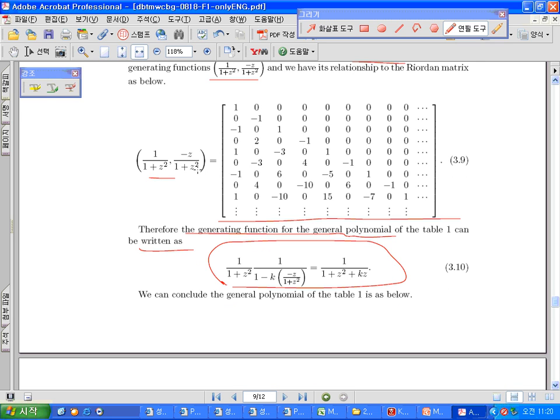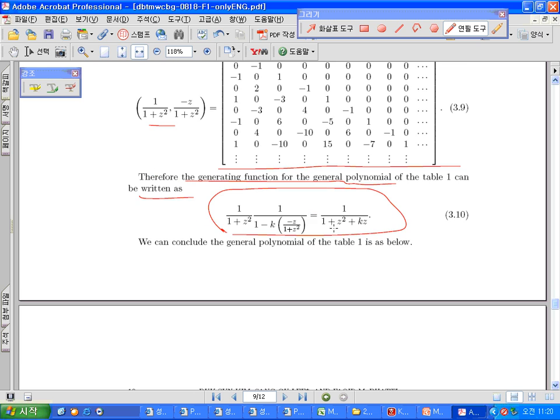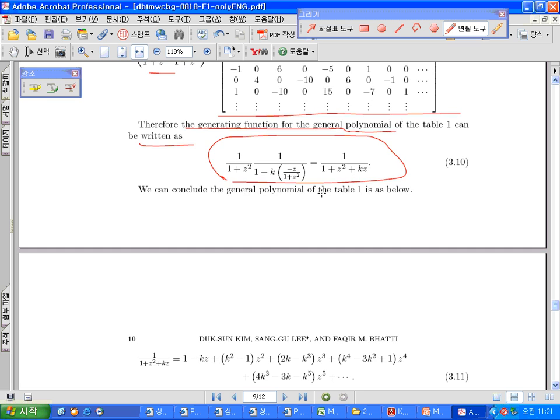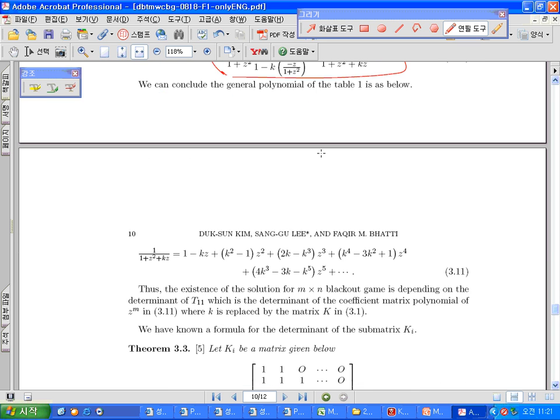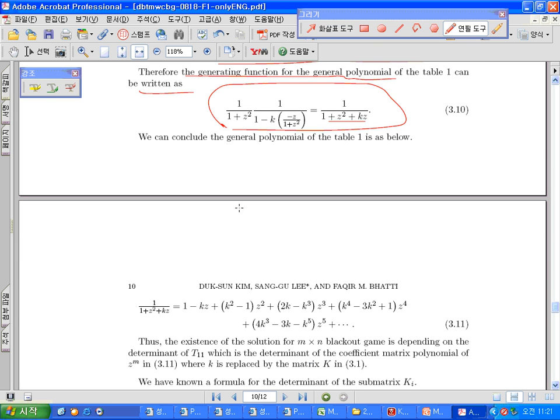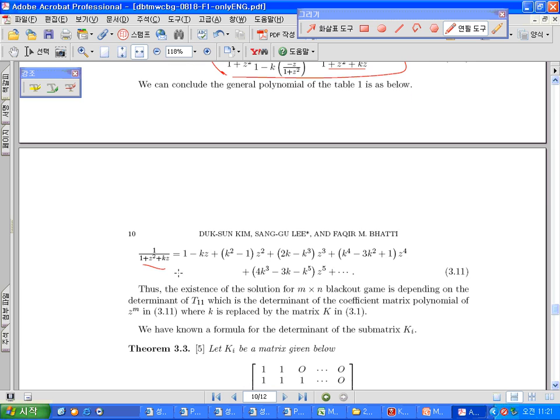Okay. So the generating function for this can be written in this way. From here, this can be written in this way. Do you see the coefficient here?